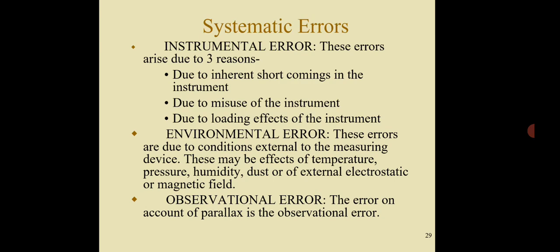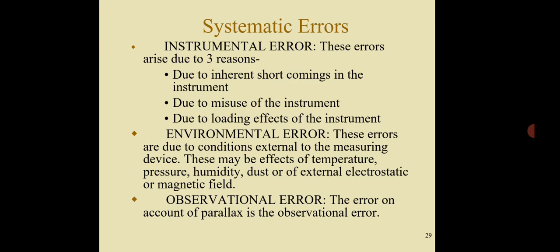Coming to the next error, the observational error. What do you mean by observational error? Observational error is known as a parallax error. The error on account of parallax is known as an observational error. It depends on the way you observe and read the data.